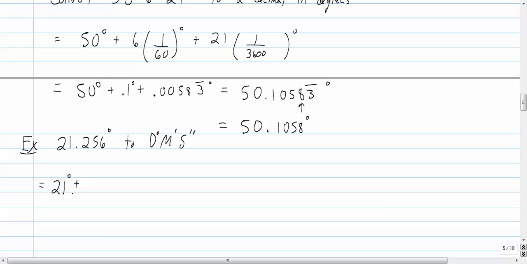Now the way that we convert to minutes, you take the entire decimal part, the 0.256, and multiply that times 60 minutes. So 0.256 times 60 minutes. That's going to give us how many minutes we have in that decimal part.